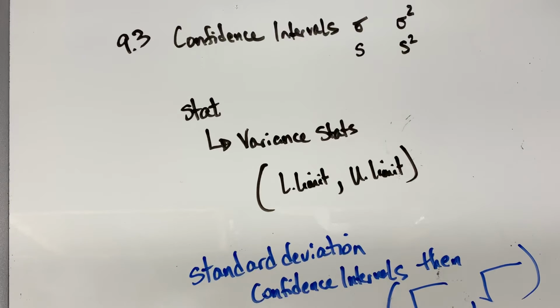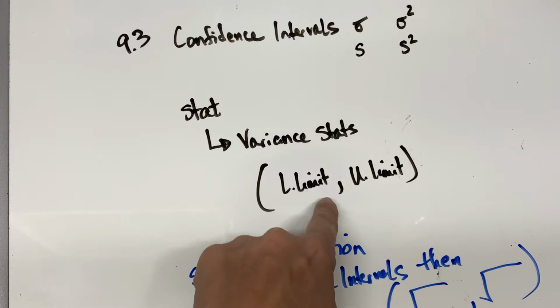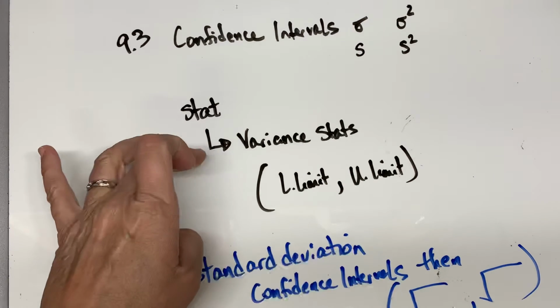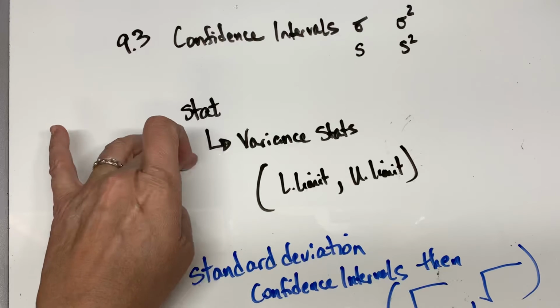And I do go through that pretty specifically on the homework notes. I think there are two questions where they're actually asking for the standard deviation confidence intervals instead of the variance confidence intervals. So pay attention to those words, okay?